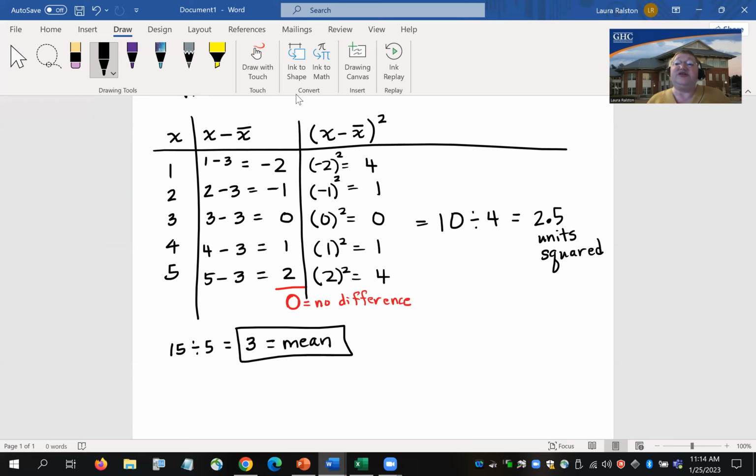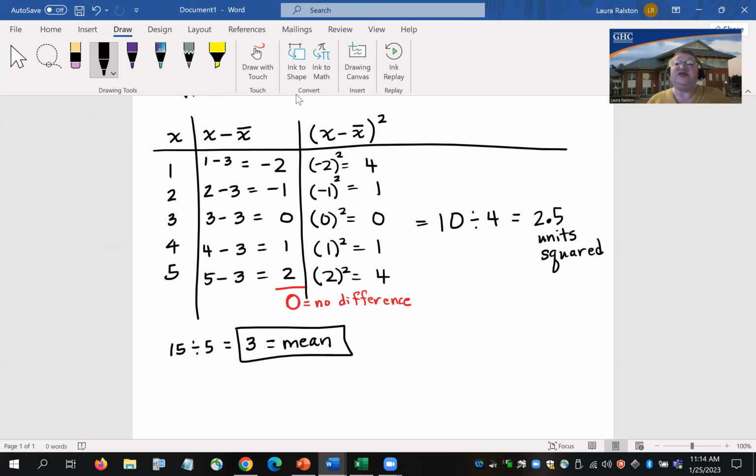If you'll remember from algebra, a square root will undo, cancel off a square. They're inverses of each other. So if I take the square root of whatever value I got for the variance, that gives me the standard deviation. And the benefit is I am back to the traditional units.